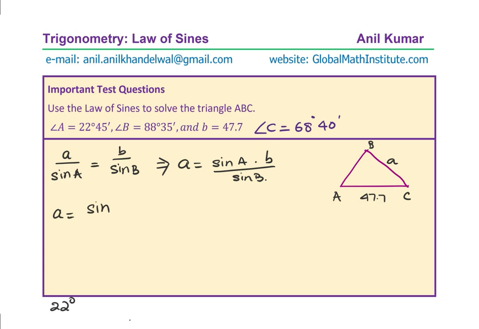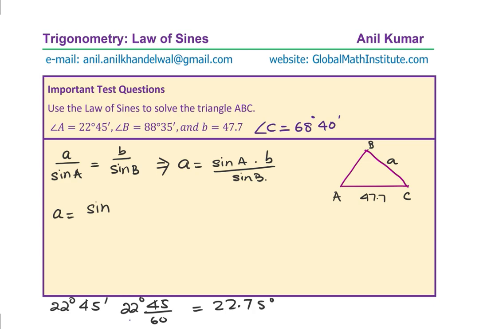We have 22 degrees 45 minutes. Let's convert 45 minutes to degrees. So we have 45 over 60, which gives us the decimal equivalent of 0.75. So I could write this as 22.75 degrees.